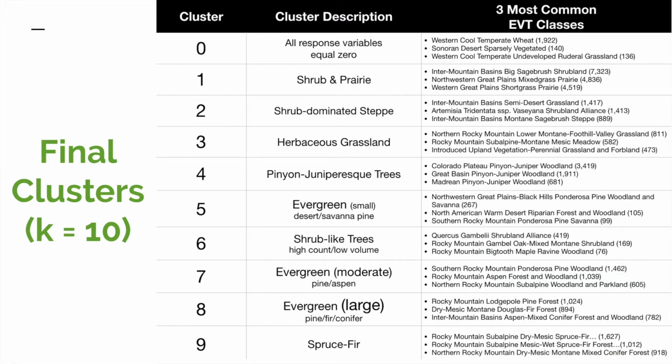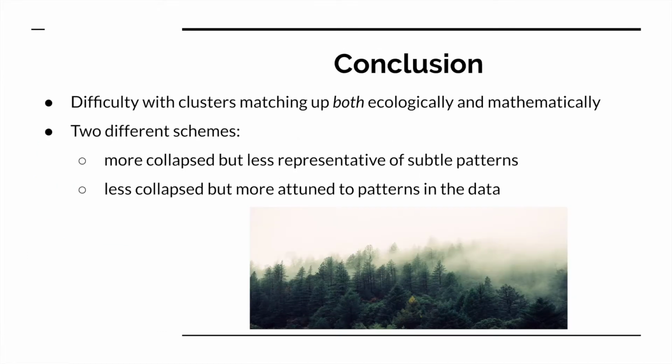Shown here is the identification table that provides a little bit more information about the k equals 10 scheme. We can see the cluster descriptions, as well as the most common former EVT classes within each of the new clusters. One of the biggest difficulties that Salma and I faced when refining our cluster schemes was making sure that we not only generated groups that were homogeneous in terms of our 4 responses of interest, but also groups that made ecological sense.